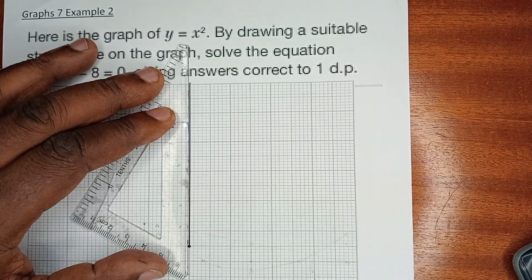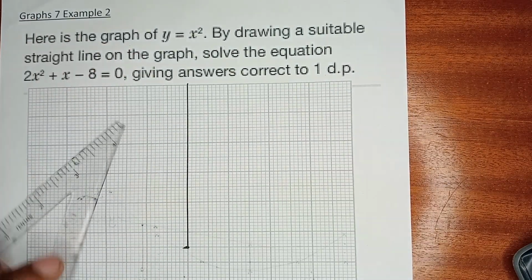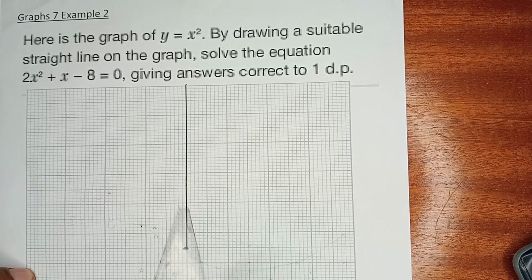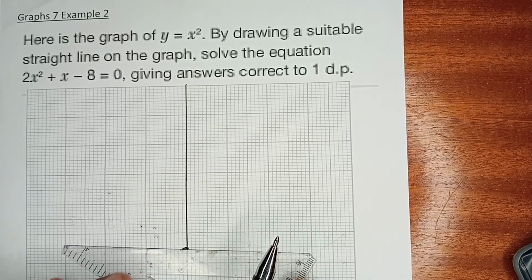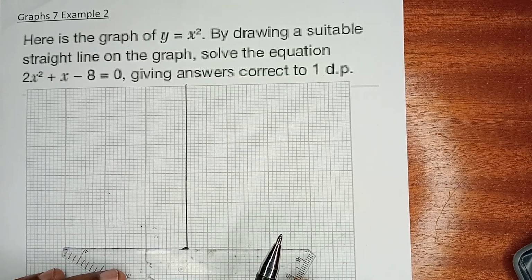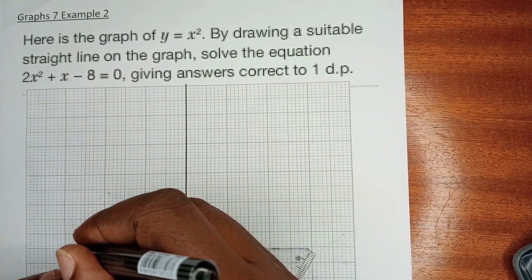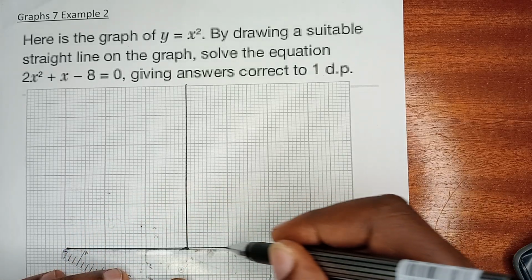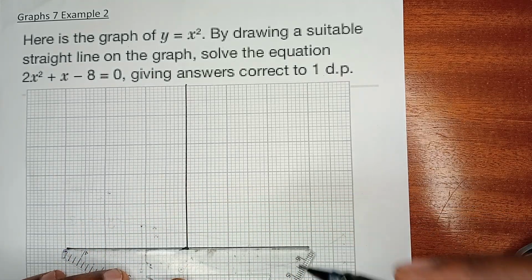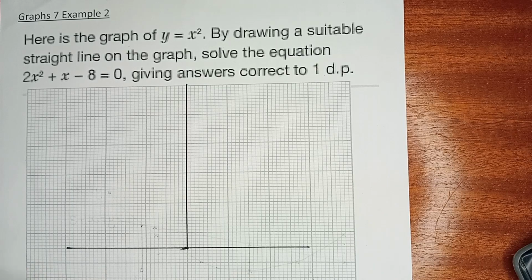And there we go, that is the y-axis. Down here we have the x-axis. We would want to get the range of -3 all the way to +3 along the x-axis.